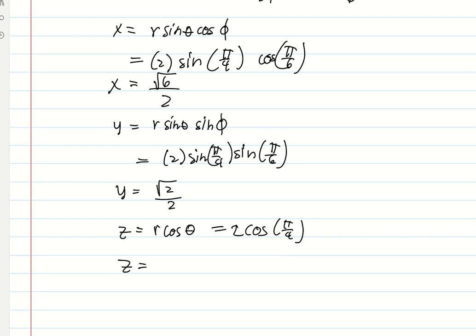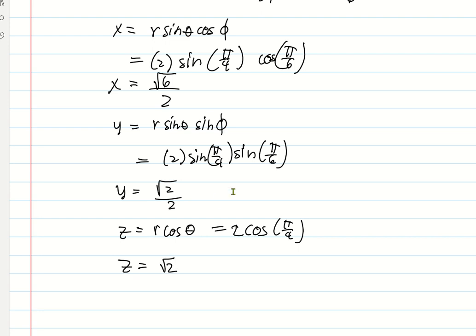Taking the cosine of pi over 4, the square root of 2 over 2, and multiplying by 2, the answer is the square root of 2. Our z is equal to the square root of 2.